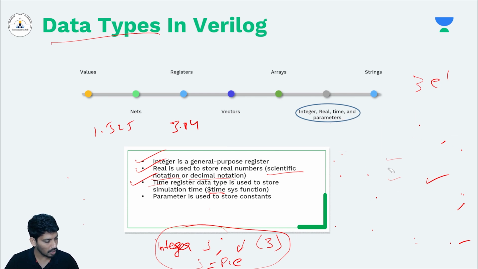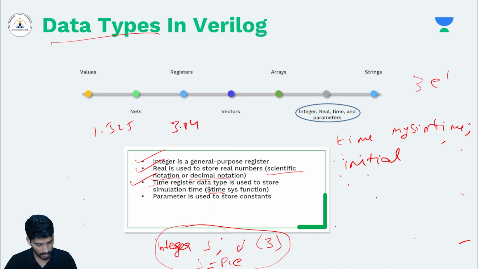You just use the keyword time, and I'm taking a variable called my_sim_time. This is my simulation time, closed with a semicolon. Now I am initializing my_sim_time = $time. This is how you get the simulation time.